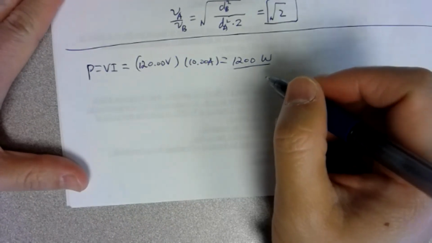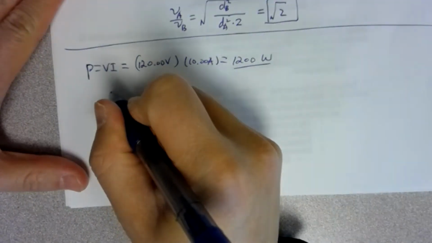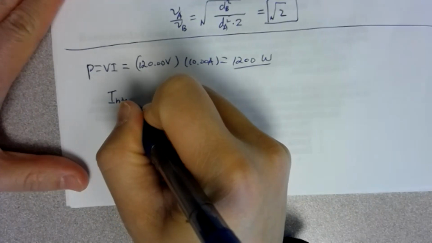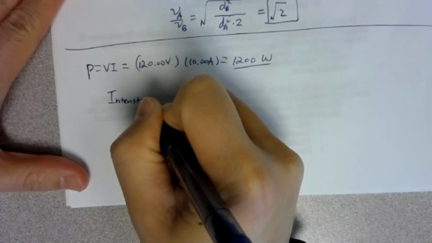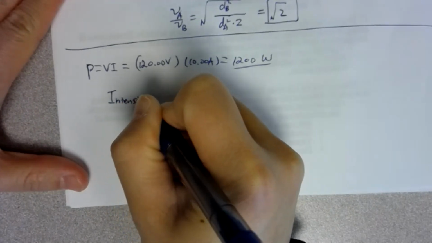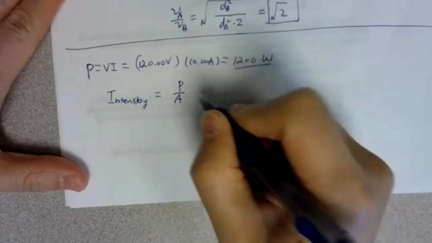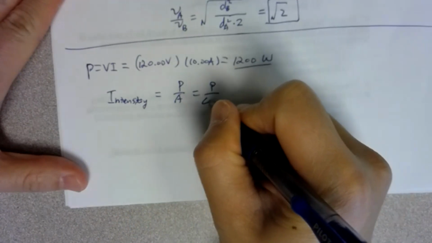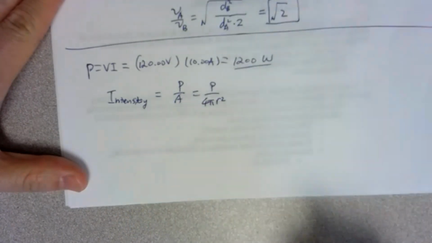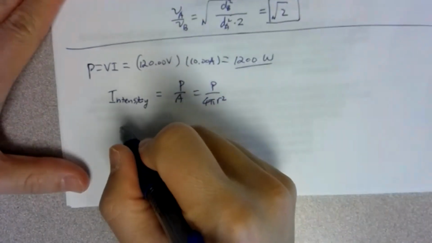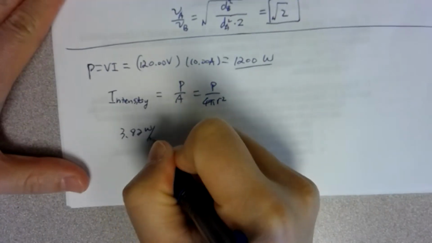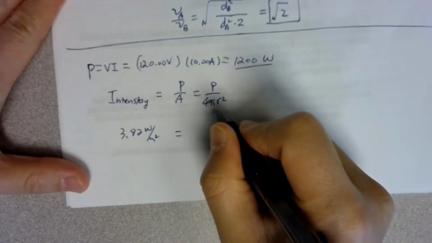Now it's asking for the intensity, so I, intensity, equals power over area. This is spherical area, so P over 4 pi R squared. It says if this equals 3.82 watts per meter squared, then what will be R?